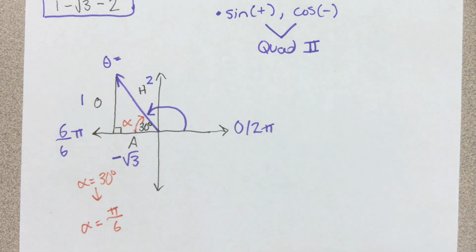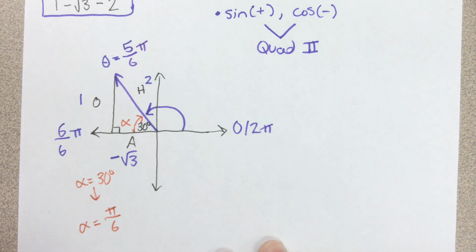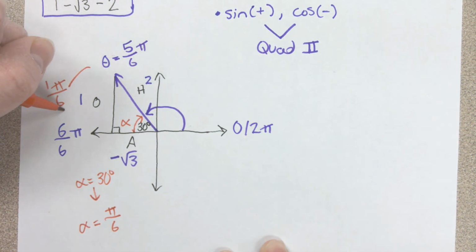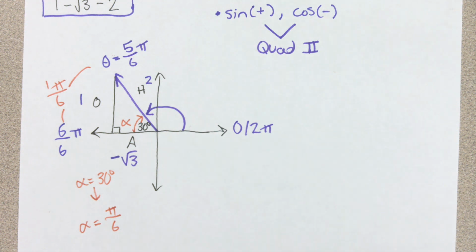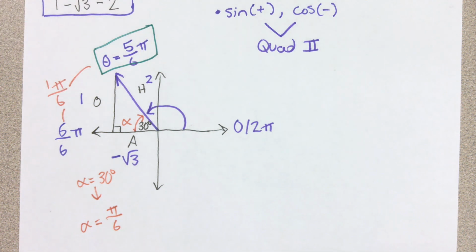Yeah, 5 pi over 6. This is 1 pi over 6. Then we just subtract 1. We get 5 pi over 6. That is the value of our theta. Questions so far?